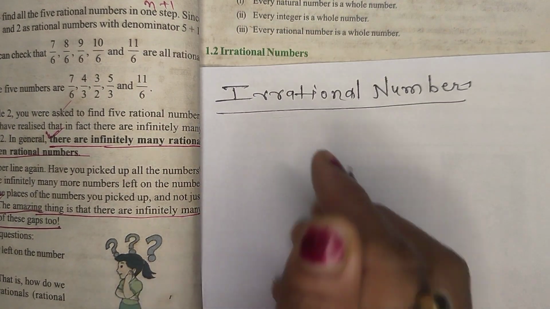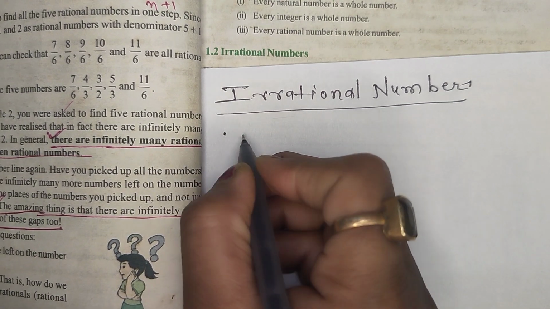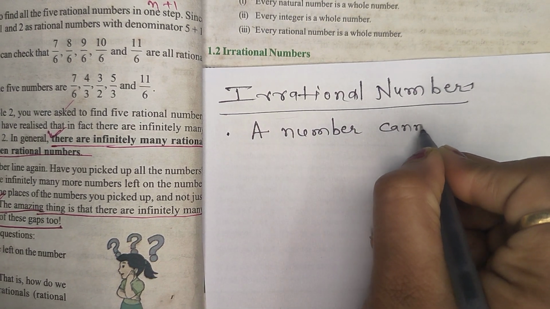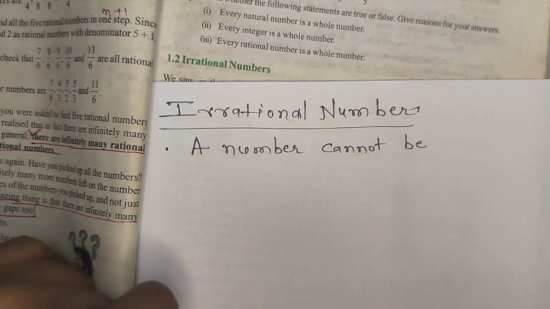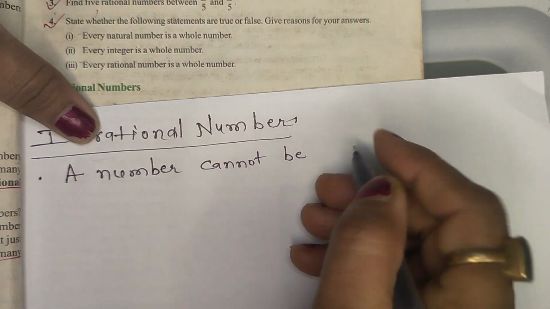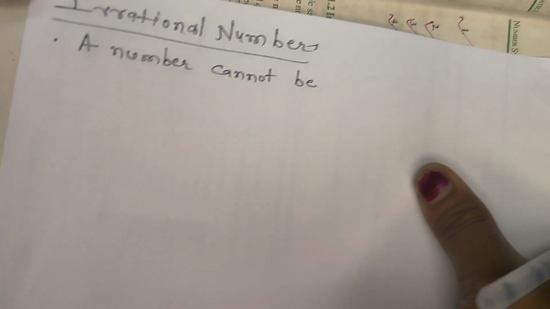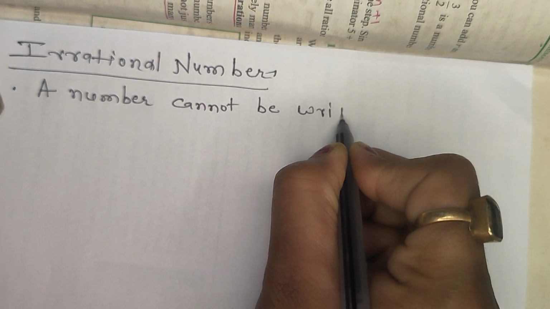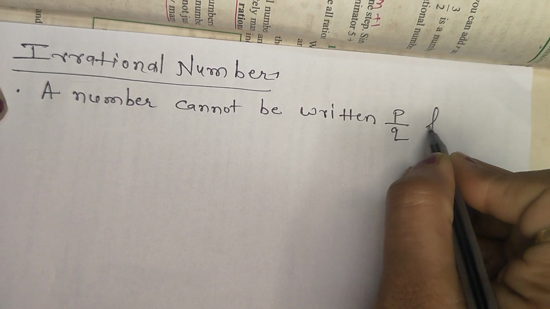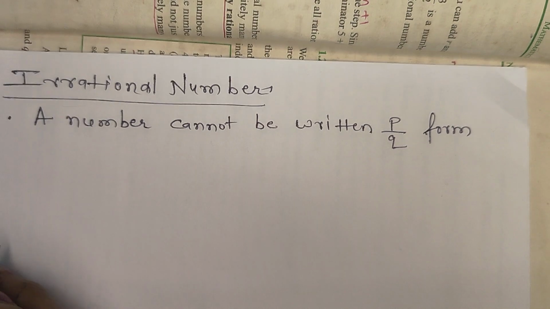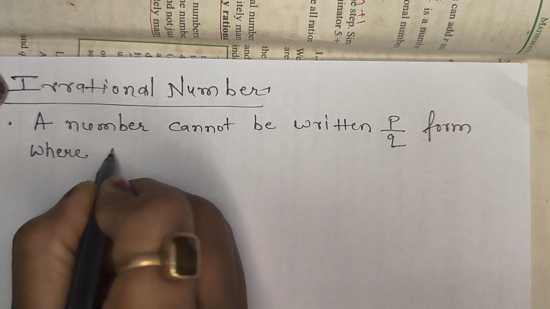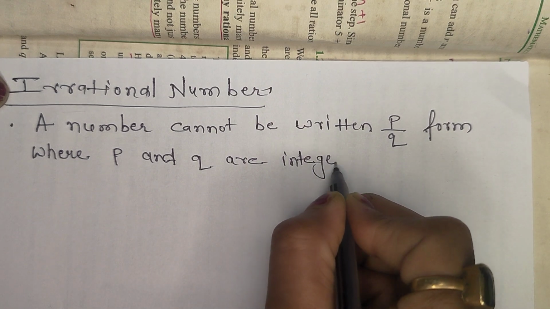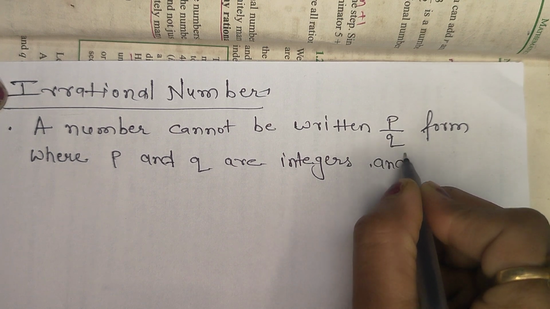If any number you say that it is irrational number, it means that a number cannot be written in p by q form where p and q are integers and q not equal to 0.